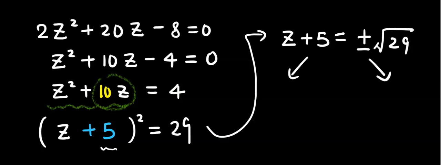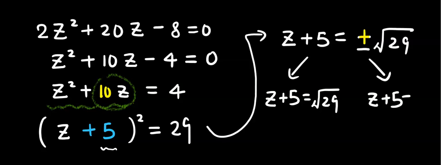Here, we start to have 2 situations. Situation 1, z plus 5 will take the positive root, so it is positive square root of 29. Situation 2, z plus 5 will take the negative square root of 29.